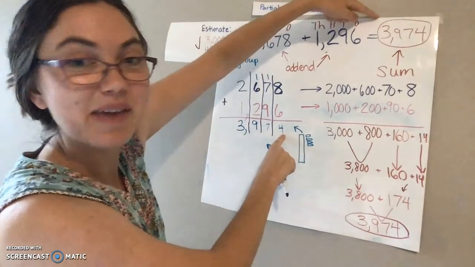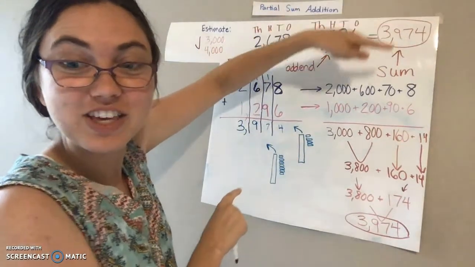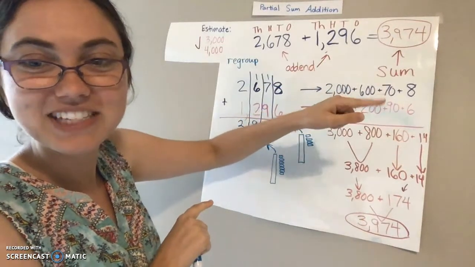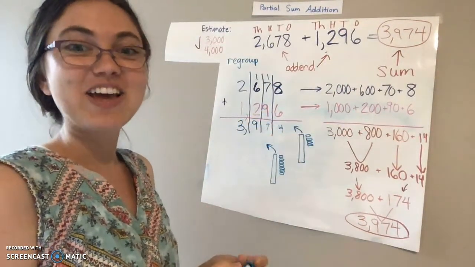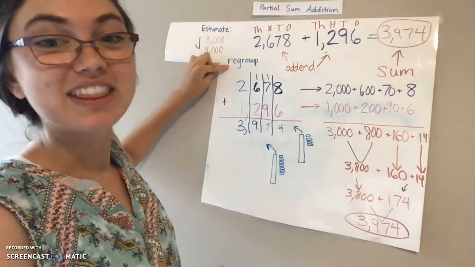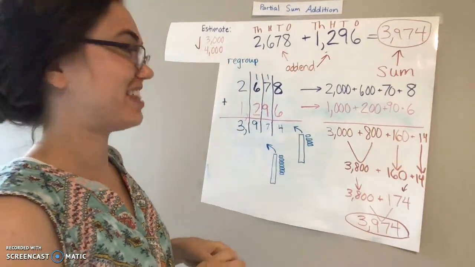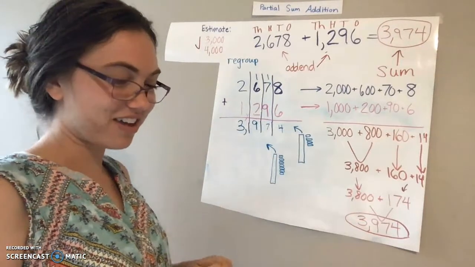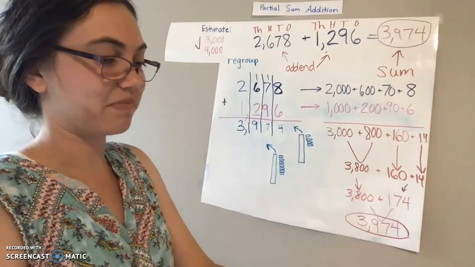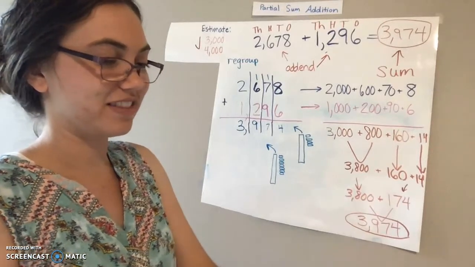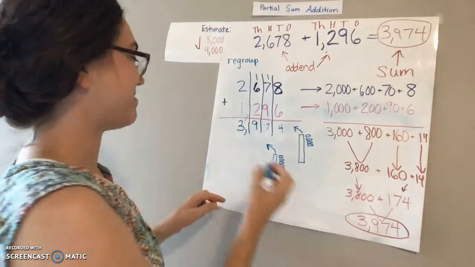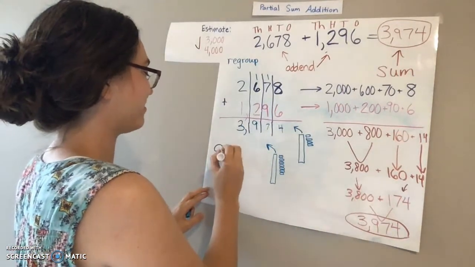Is that the same answer we got when we used the partial sums? We broke them up by place value? Yes. So regrouping with the standard algorithm. So this is now called, got to put a new sign up. We are using the standard algorithm. I'll write it big right here.